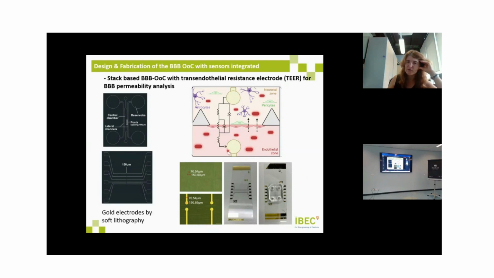So we have here an electrode, another electrode, and we are passing a current between the 2 electrodes for measuring the impedance, the resistance of this barrier, of this BBB, against the pass of the current. This resistance will tell us which is the stage in the formation of this barrier. So we can analyze the permeability of the blood-brain barrier by the injection of this current, measured by impedance spectroscopy.